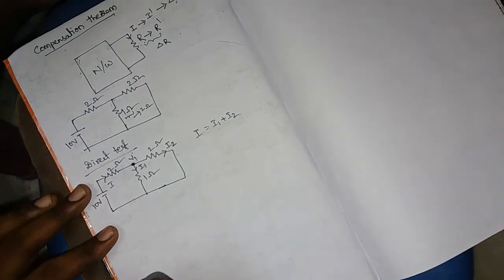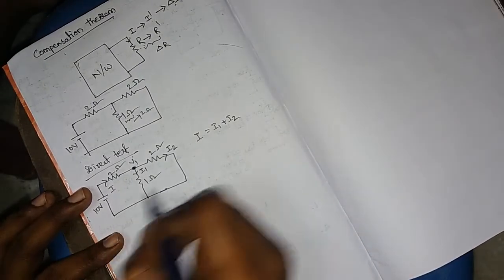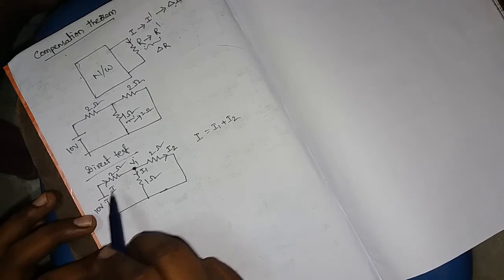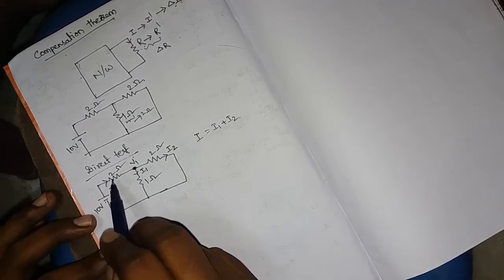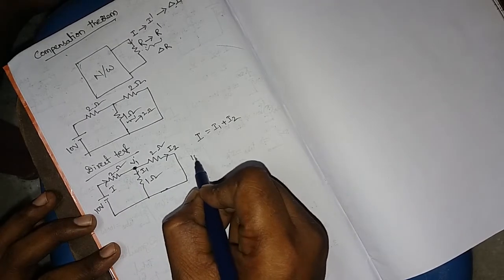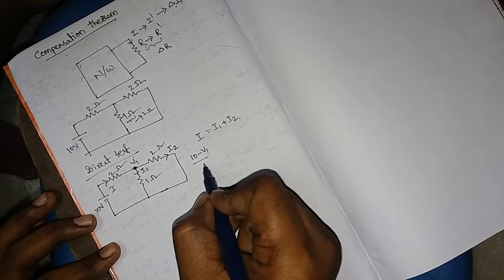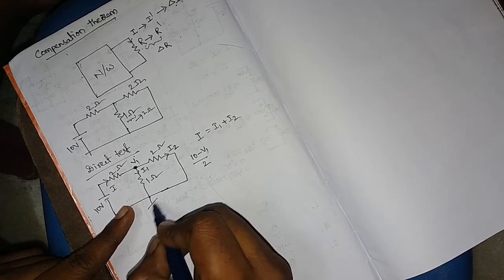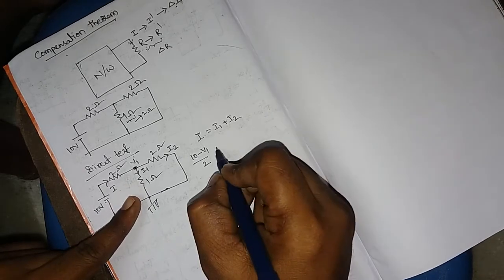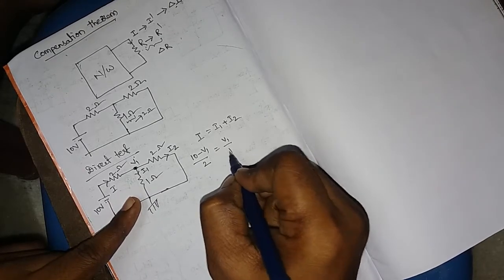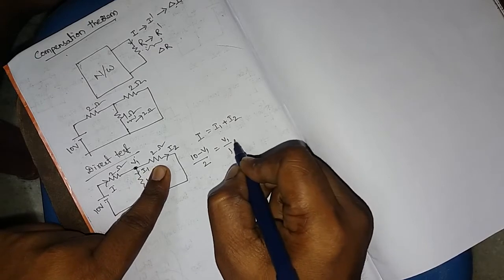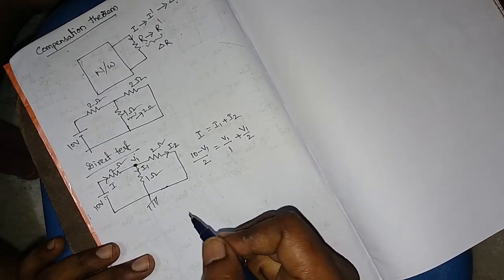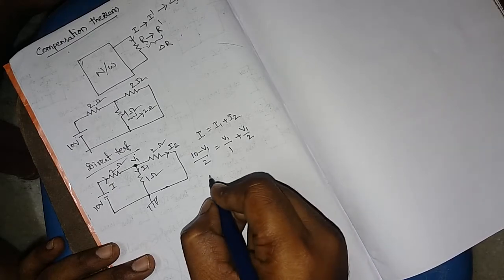Here I is (10 minus V1) by 2, I1 is V1 by 1, taking this as ground, and I2 is V1 by 2. Now we find the value of V1.